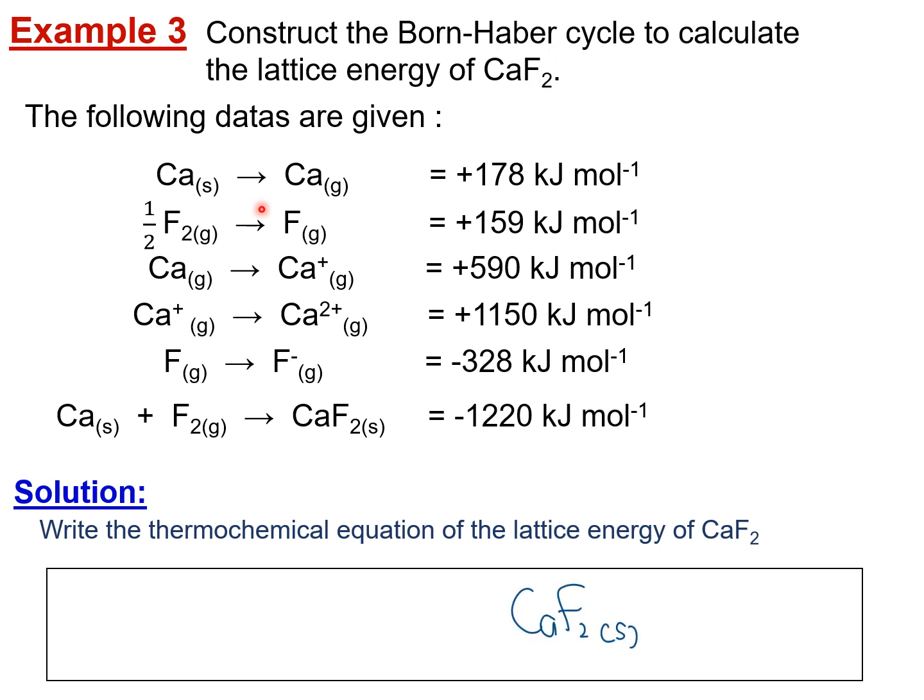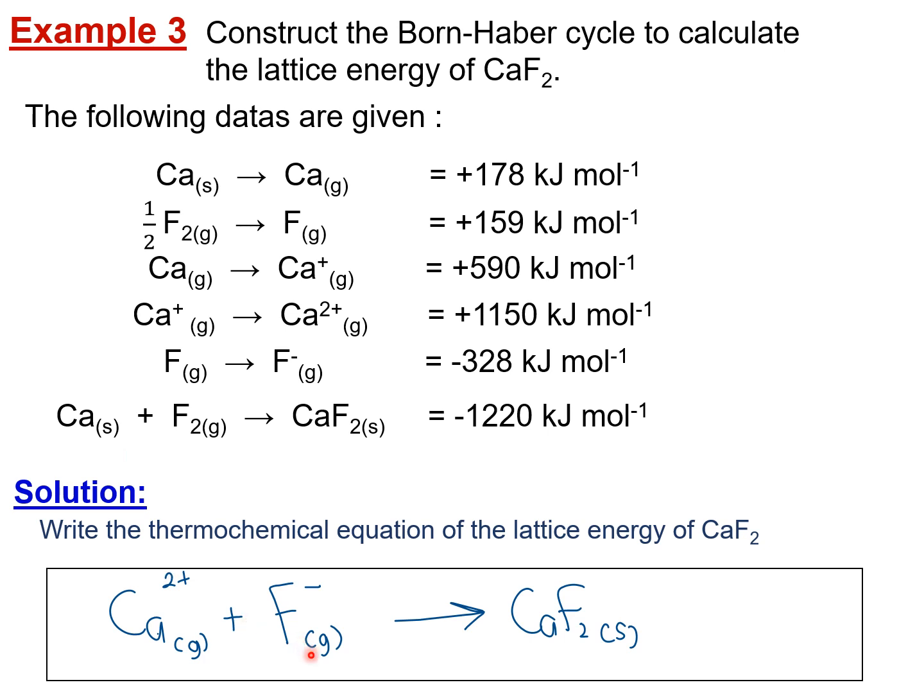Okay, so write down the thermochemical equation untuk lattice energy CaF2, di mana you tahu lattice energy of formation ialah when 1 mole of an ionic crystal solid is formed from its gaseous ions. We know that Ca, dia punya charge dia ialah Ca2+, and then it must be in gas phase, alright.